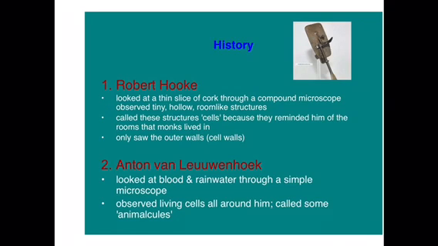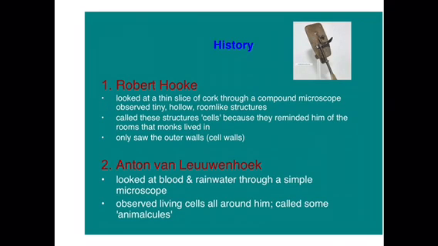Aside from when we make the wet mount, we'll also look at some prepared specimens, and one of them will be cork, so you'll be able to relive the exciting moment that Robert Hooke had when he first looked at that cork and saw the little boxes that made up the cork itself. He called them cells because they look like cells, like rooms in a monastery or a prison. And so the word stuck. And so to this day, we still refer to them as cells.